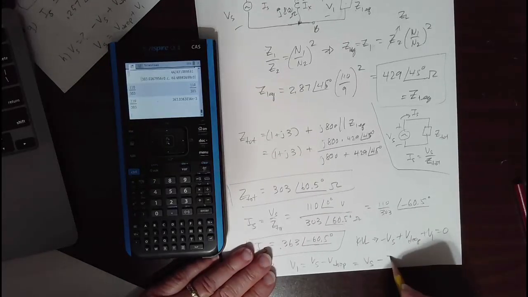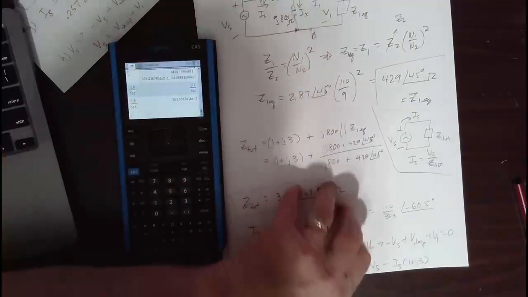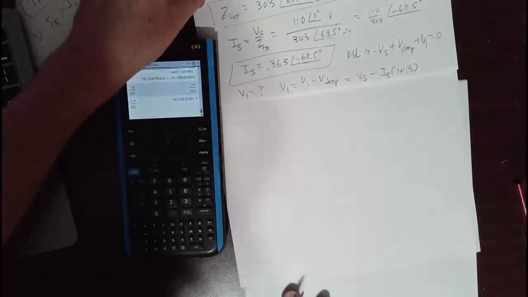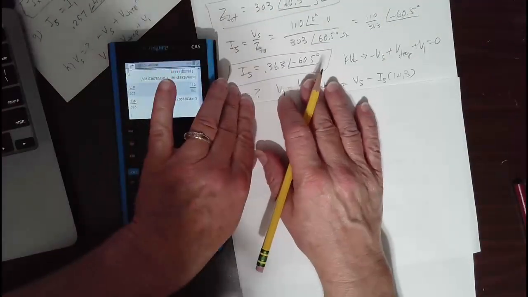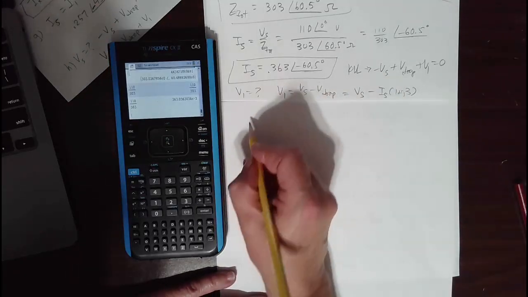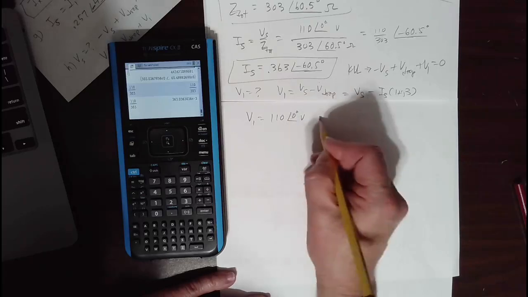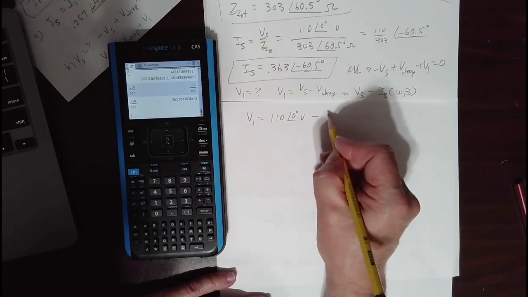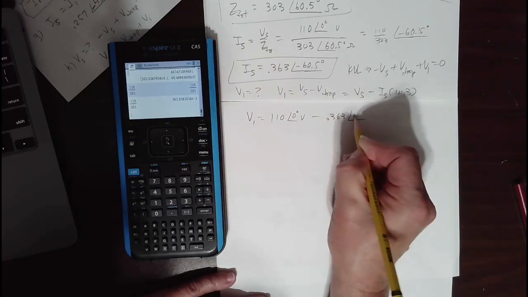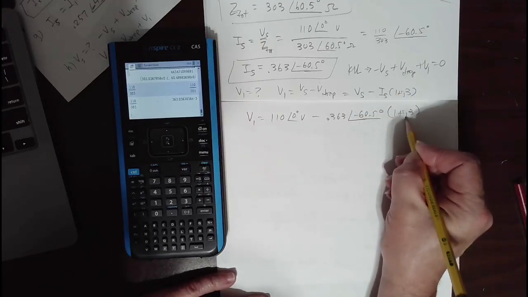So it's just going to be IS times 1 plus J3. And so V1 is Vs, 110 angle 0, minus Is, 0.363 angle negative 60.5, times 1 plus J3.